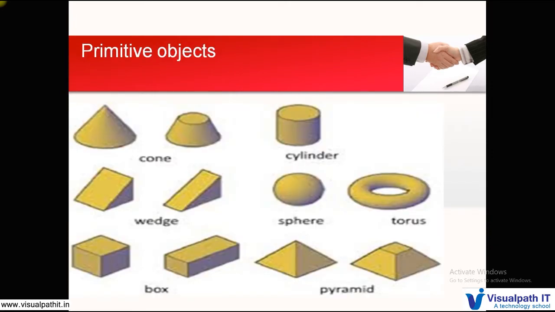These primitive objects are available in all types of modeling, whether it is surface, solid or mesh modeling. First let us see the primitive objects, and then we'll separate them into surface and solids in later classes. Using these primitive objects, you can make a lot of objects.